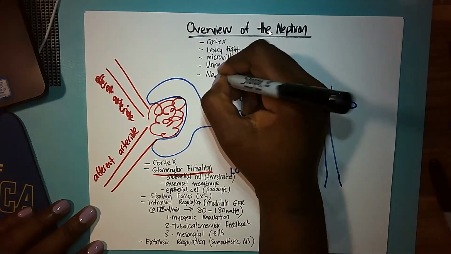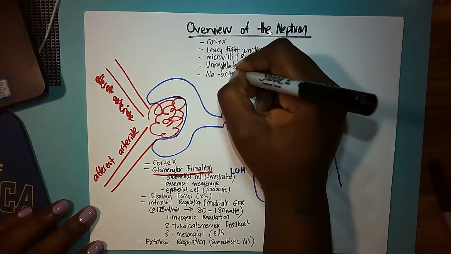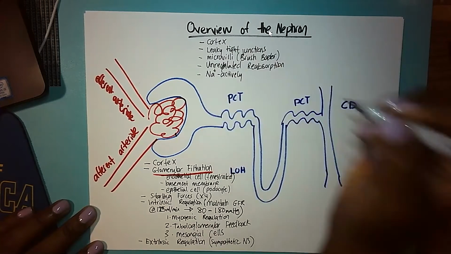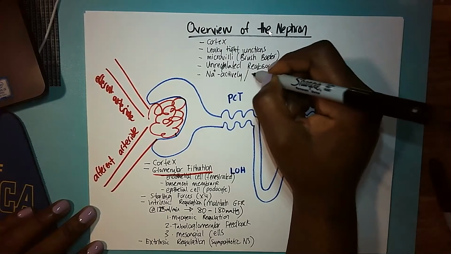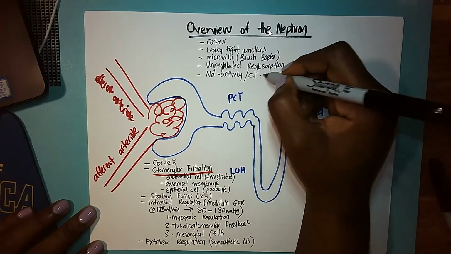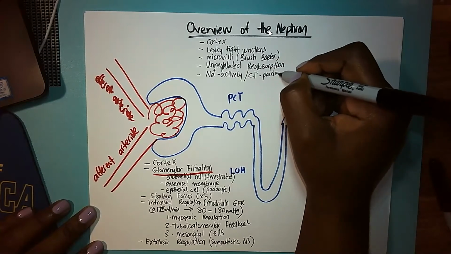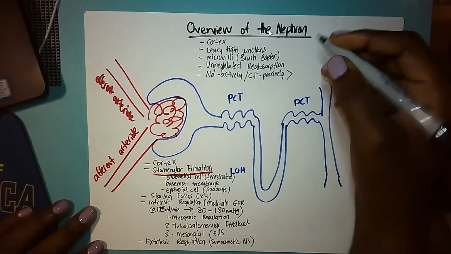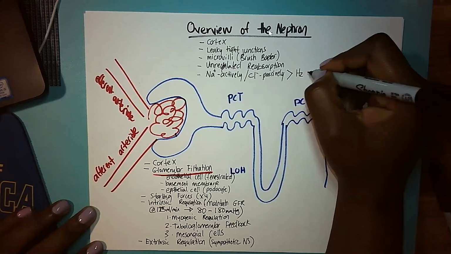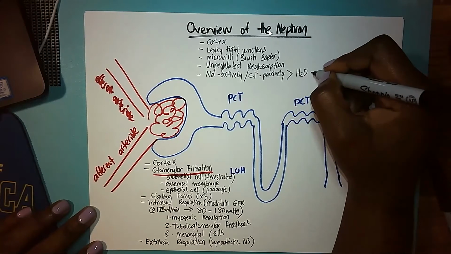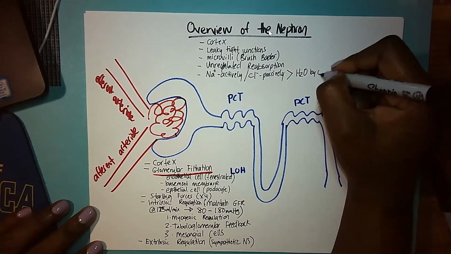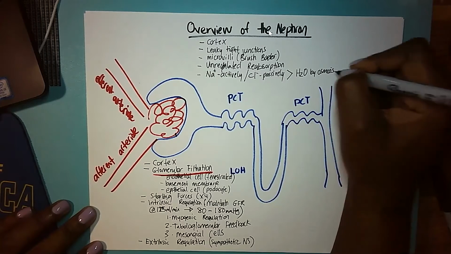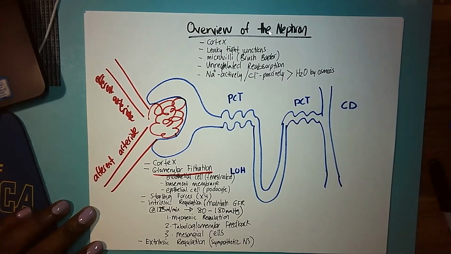So sodium is reabsorbed actively. Chloride is reabsorbed passively. And then because of the movement of those two solutes, water is reabsorbed by osmosis, which is passively, okay?